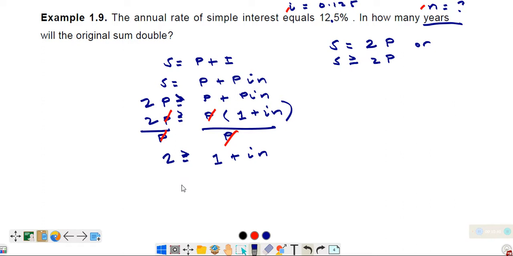So, we have here 2 minus 1. So, saan galing yon? So, addition property of equality, we have to get rid of 1. We only need N on one side. So, we will be left with IN.